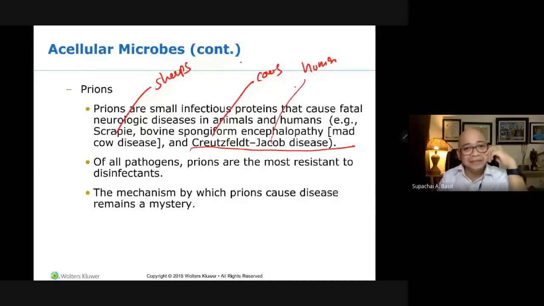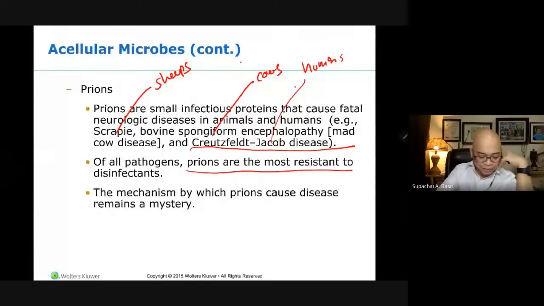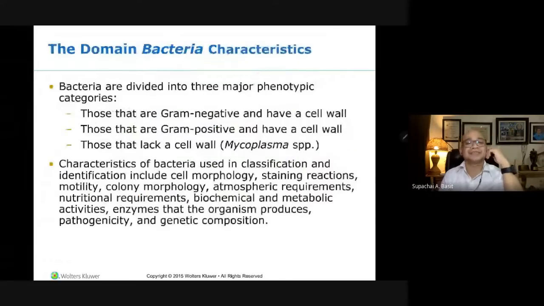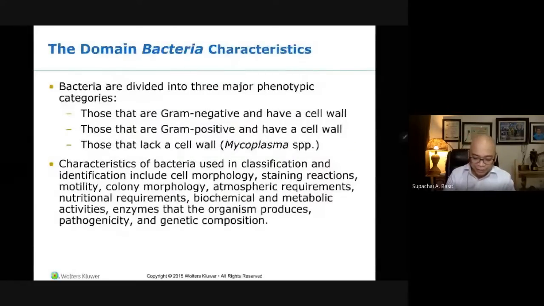In humans, it's called Creutzfeldt-Jakob disease. Of all pathogens, remember this one, it is very important: prions are the most resistant to disinfectants. The mechanism by which prions cause disease remains a mystery. Okay, so that's prions.